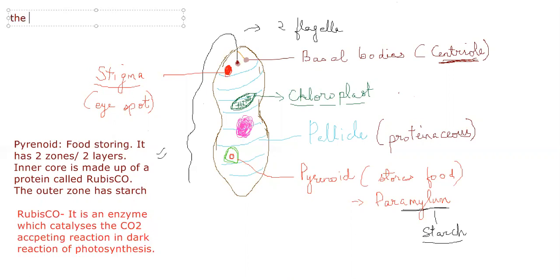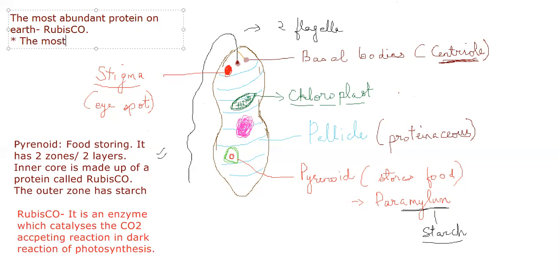The most abundant protein on earth is rubisco. The most abundant protein on earth is rubisco. It is this protein. Let's write one thing here.